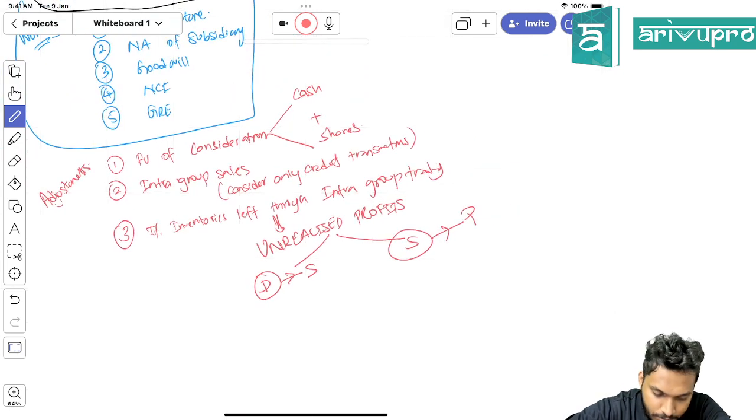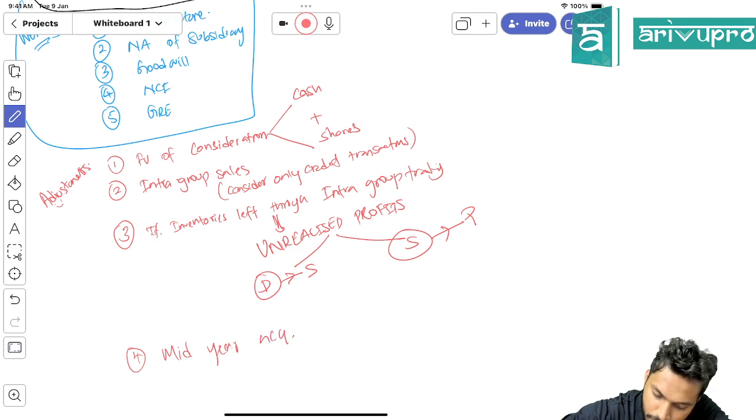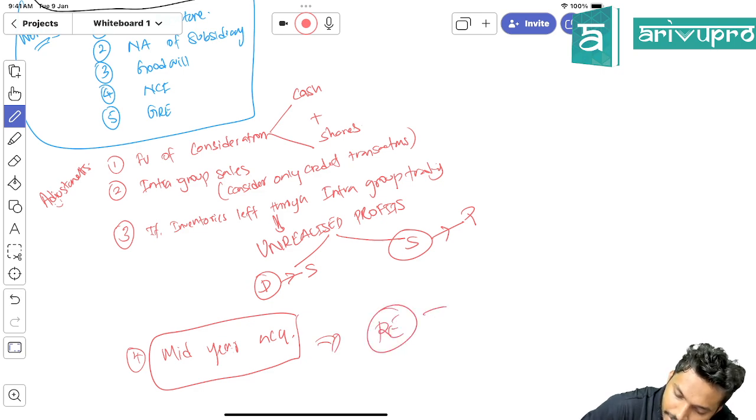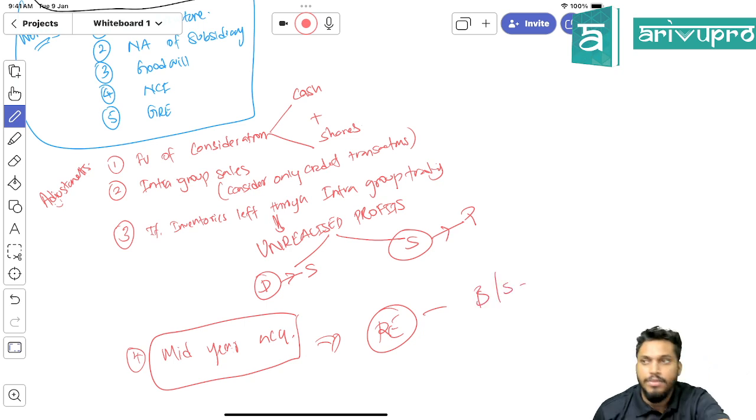Then mid-year acquisitions. Mid-year acquisitions will only impact your retained earnings in the balance sheet. Everything else is going to be the same, even in the mid-year acquisition period.